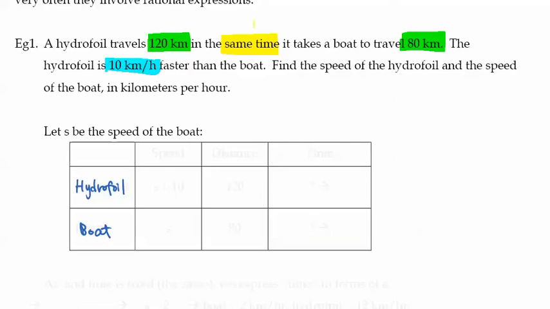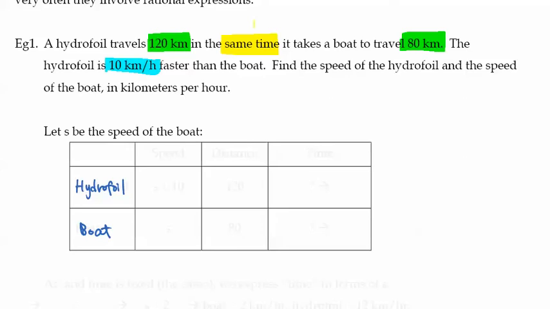Right now, since they are talking about the speed, I will let x be the speed. Or some people would like to use s instead because we are talking about speed. We're going to let x be the speed of one thing. And we are given that the hydrofoil is 10 kilometers per hour faster than the boat.